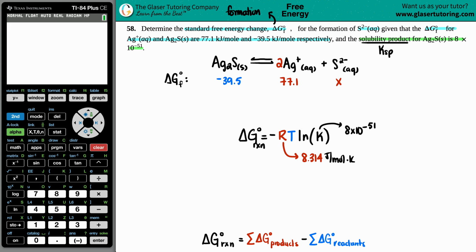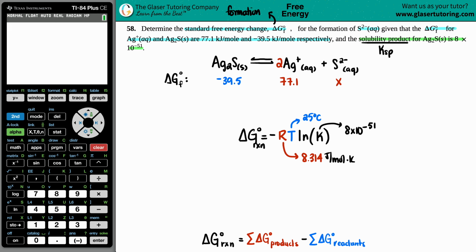But did they give me a temperature value? No, they didn't. But they gave me a little hint. I see notches all over the place. Naught values mean standard. So I'm using standard values, and the standard temperature is always room temperature. So that's 25 degrees Celsius.